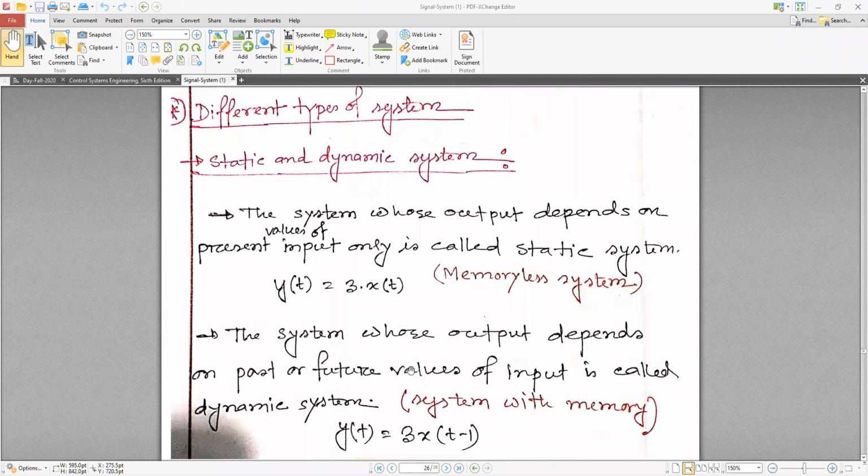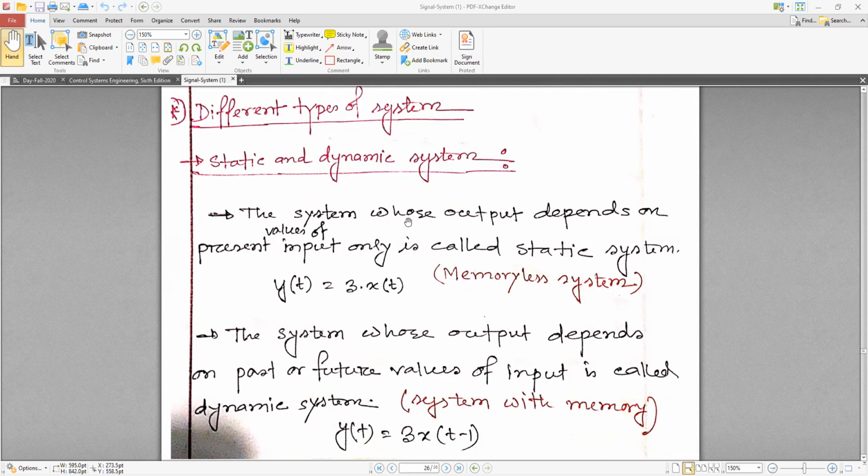There are various kinds of systems, like static and dynamic systems. So what is a static system?